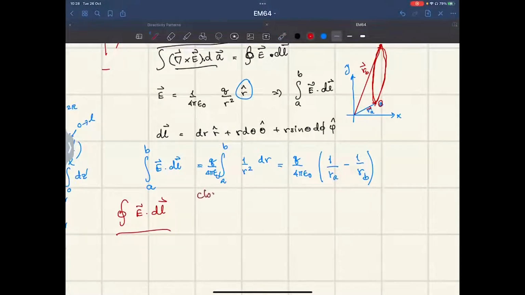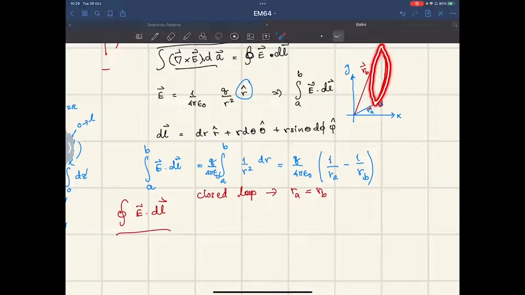Closed loop, so RA equal to RB. Otherwise, the line is not a closed loop. If you're going this way and you stop there, it's not a closed loop. It has to come back to the initial point that you began to consider. Let's say you consider point A going to here. If you stop here, it's not a closed loop.